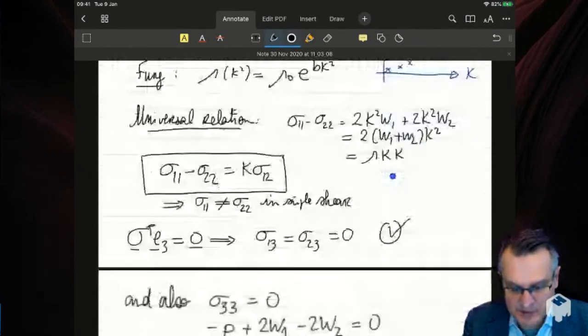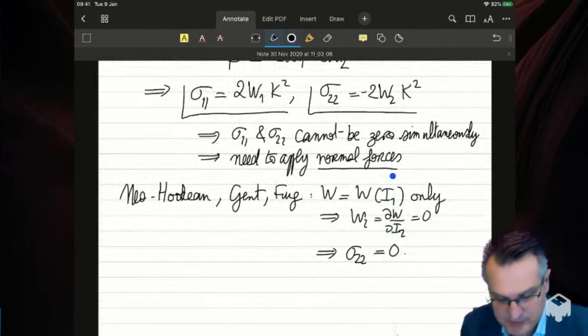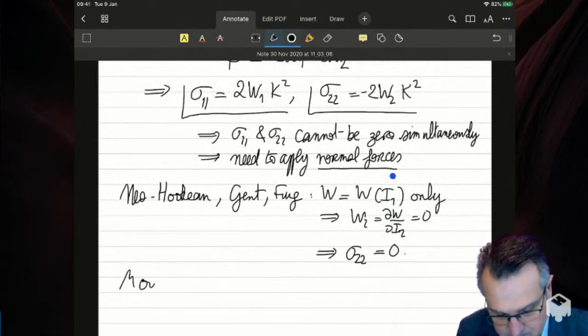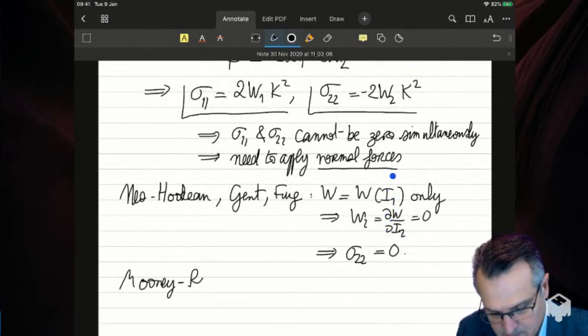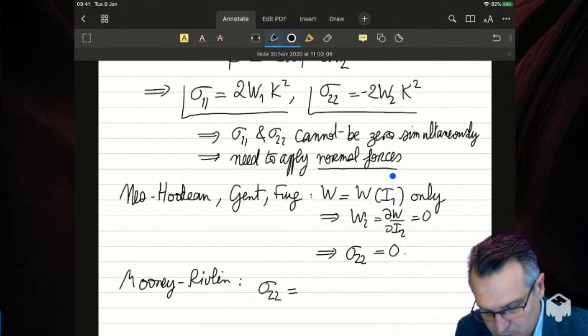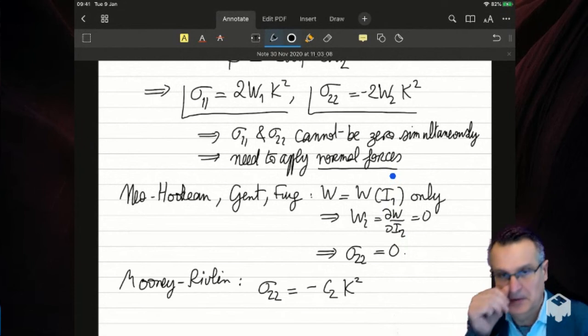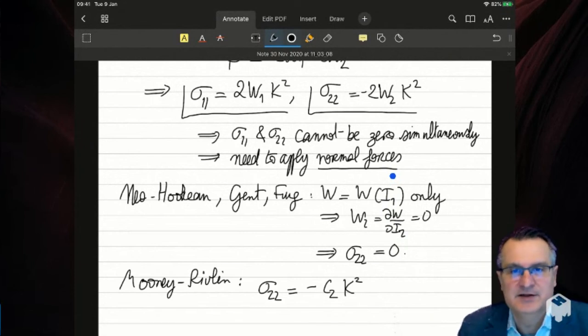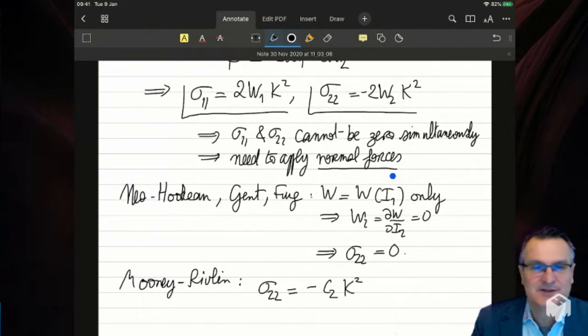On the other hand, if I look at Mooney-Rivlin, I will find that sigma 2,2 is going to be minus 2 times minus C2k squared. Here for the Mooney-Rivlin, I need to supply a force. So that's really interesting. What if I don't supply a force?